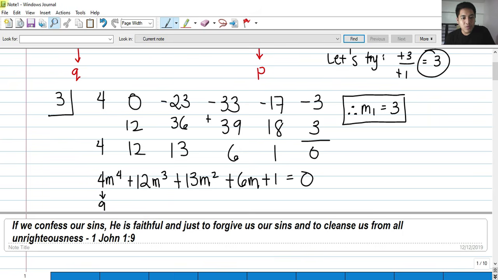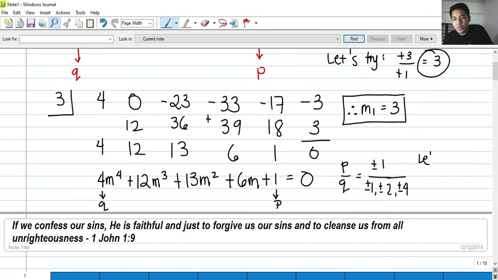This is our q, this is our p. So the possible roots, p over q, are the multiples of p over q. So I have positive negative 1 on the numerator, and for q we have positive negative 1, positive negative 2, and positive negative 4.